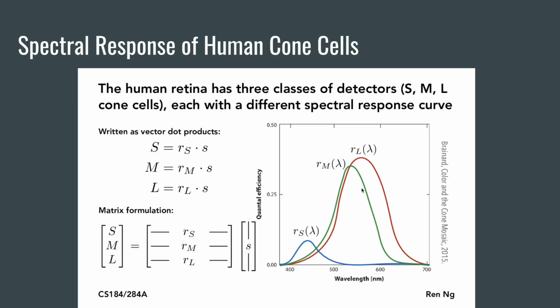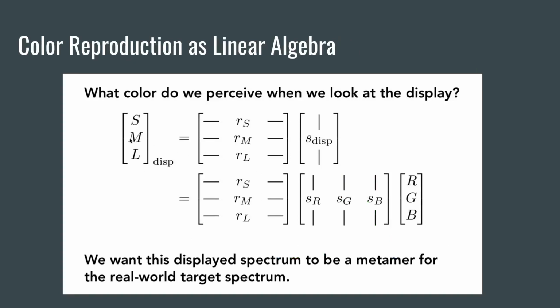So this would just be the 3 spectral response curves, and that would again give us the color that we see when looking at a specific display.